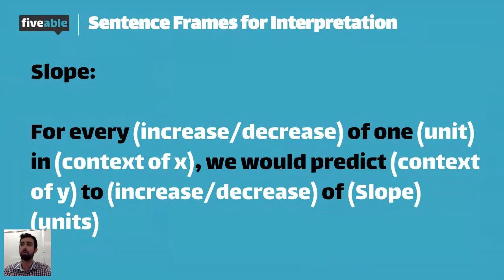What we say is: for every increase or decrease of 1, and then whatever the unit is, insert your context for X, we would predict, insert your Y, to increase or decrease by this amount, and then slope and units. You can just use this on any part of your AP exam when they're asking you to interpret, as well as your teacher's tests.